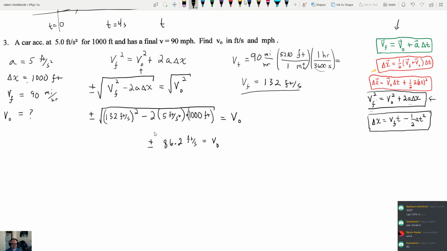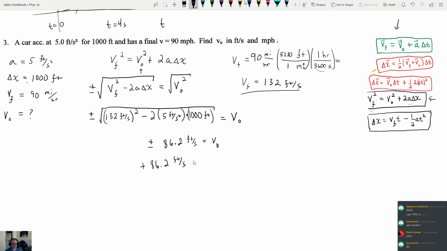Now we have to decide, do we take the positive or the negative one of this? Since we don't know how long this car has been moving, we probably want to just assume that it's been accelerating forwards the entire time and take the positive answer here. However, the negative answer would also work, but it's more likely in this case that the positive answer is the right answer.